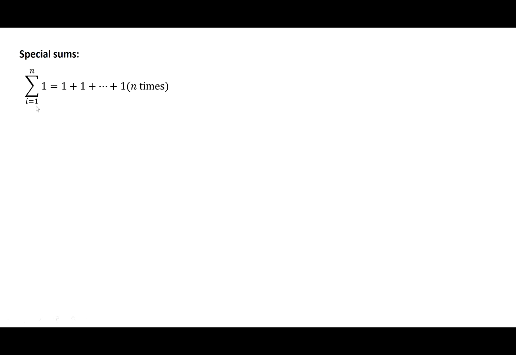Now let's increment i. When i equals 2, be very careful now. When i equals 2, guess what? This is still 1. That doesn't become 2. i became 2, but the inside stuff is just 1.